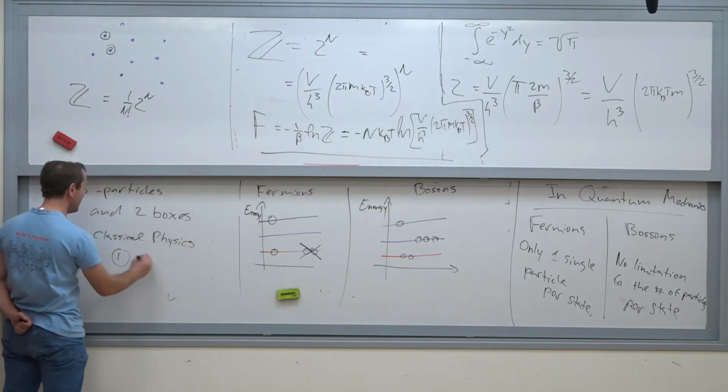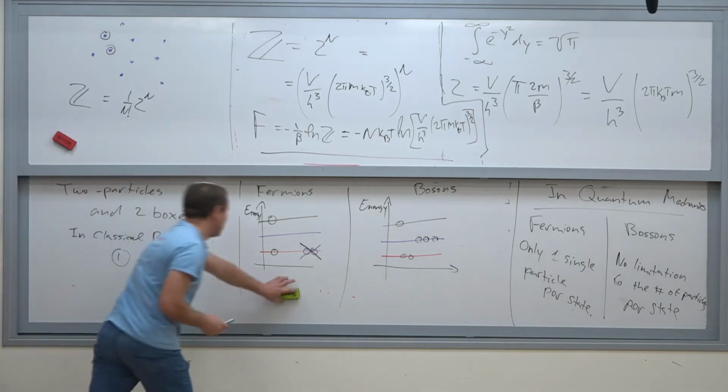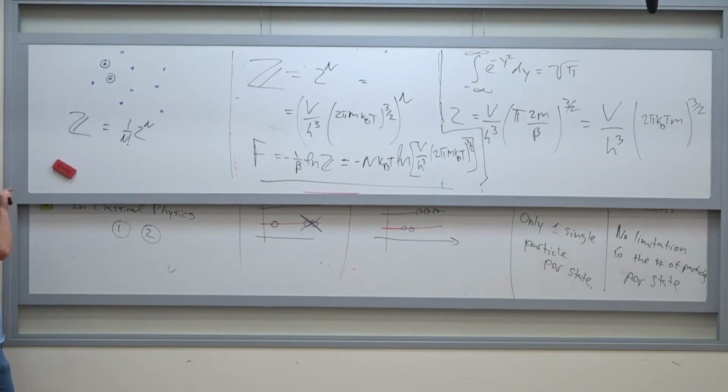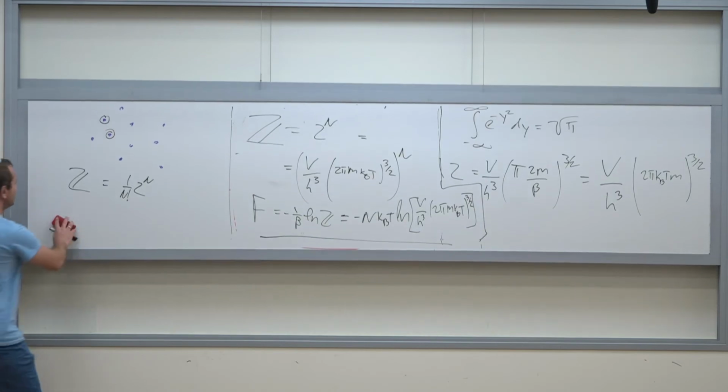I have particle 1 and I have particle 2. I don't care that they are exactly identical. I can distinguish between them because I can follow them, right?